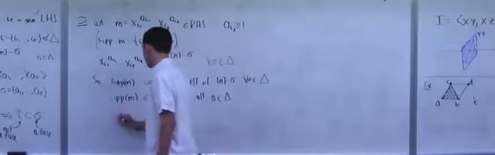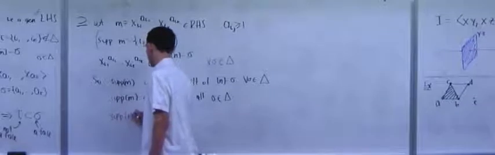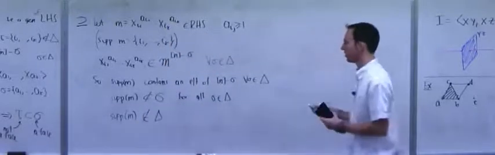And this is exactly equivalent to saying that this support is not a face of delta, because first of all, if it were a face, then it would be contained in itself, and that would contradict this.